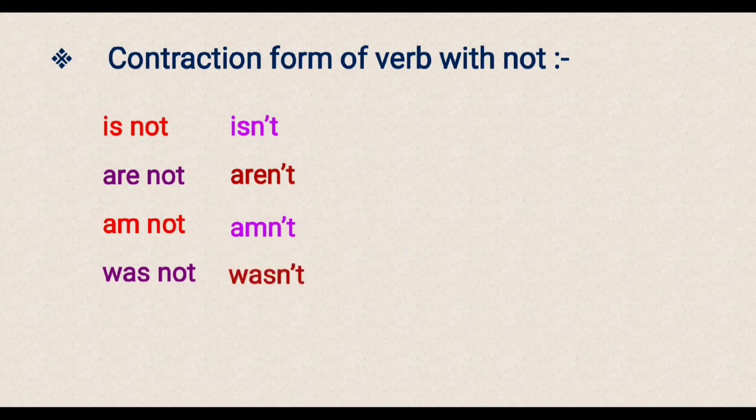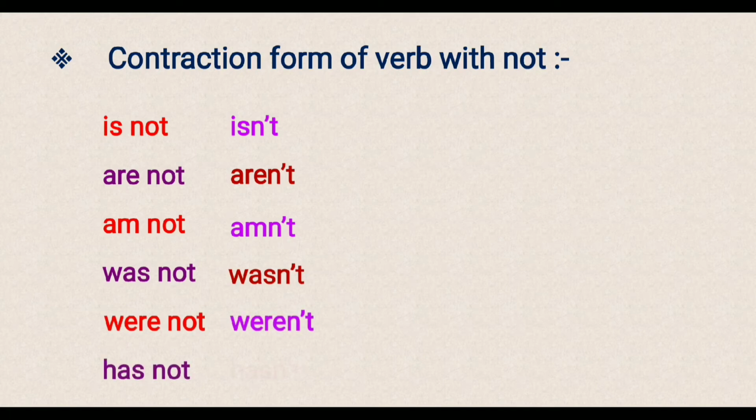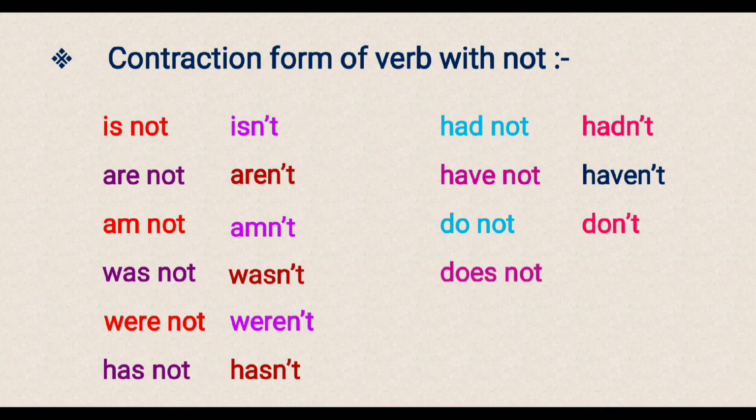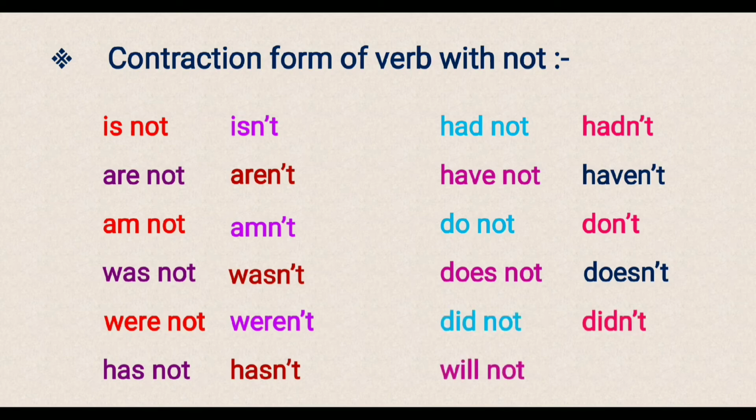"Was not," "wasn't," "were not," "weren't," "has not," "hasn't," "had not," "hadn't," "have not," "haven't," "do not," "don't," "does not," "doesn't," "did not," "didn't," "will not," "won't."